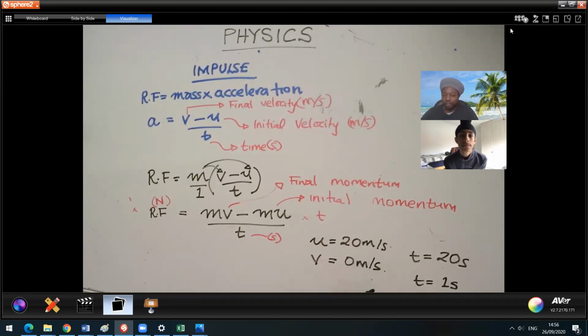So I'm going to bring it down to 0 meters per second. What is the better option for me? It would be in 20 seconds because it's going to hurt less, because it's going to slow down. Absolutely, it's going to hurt less.